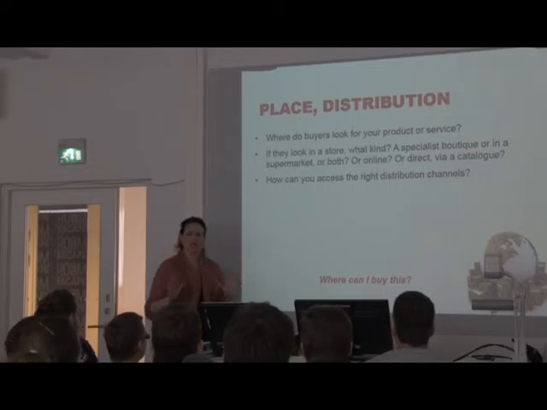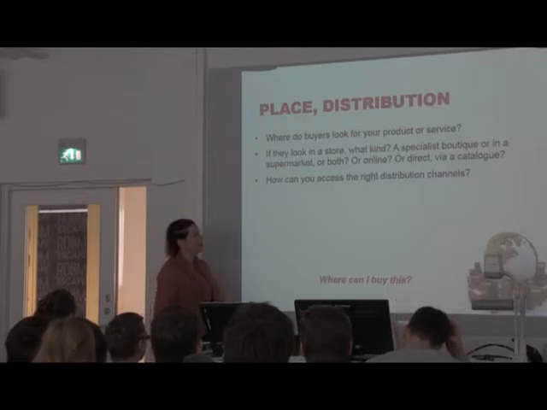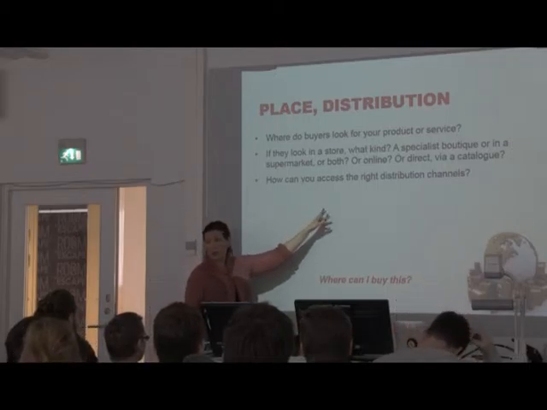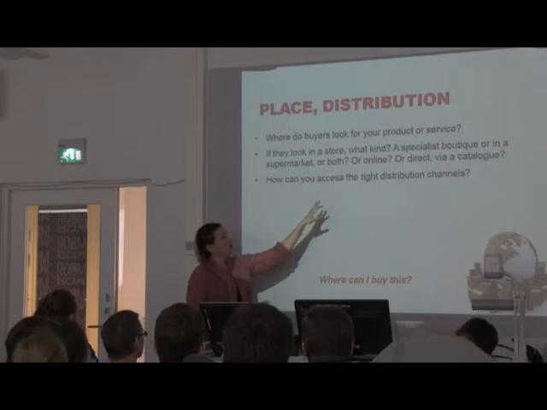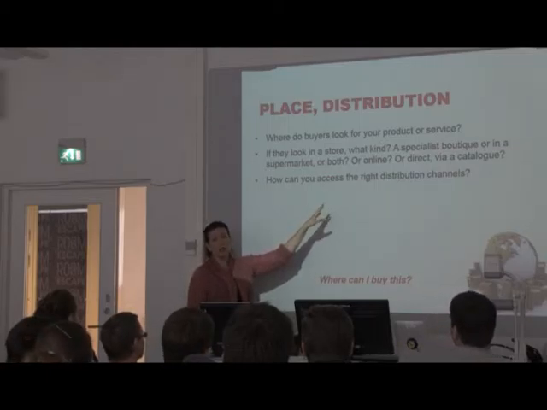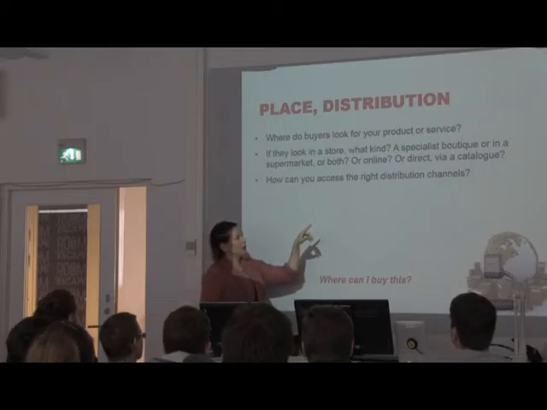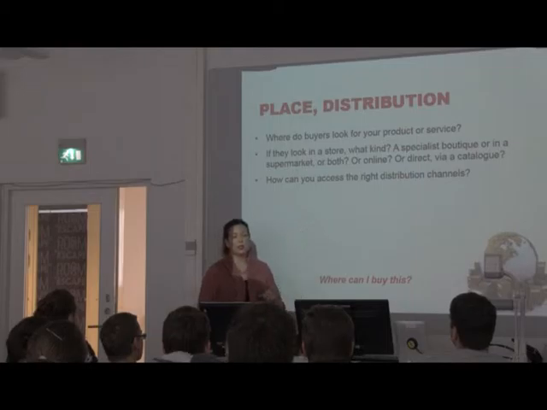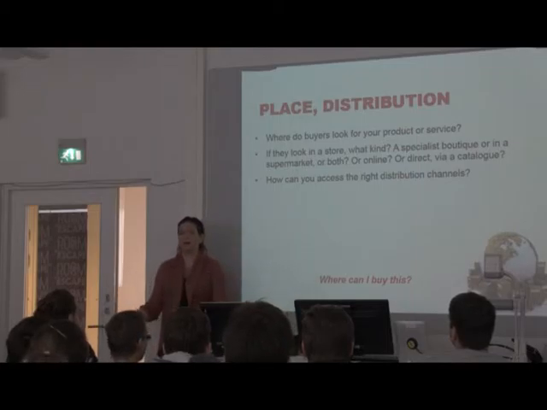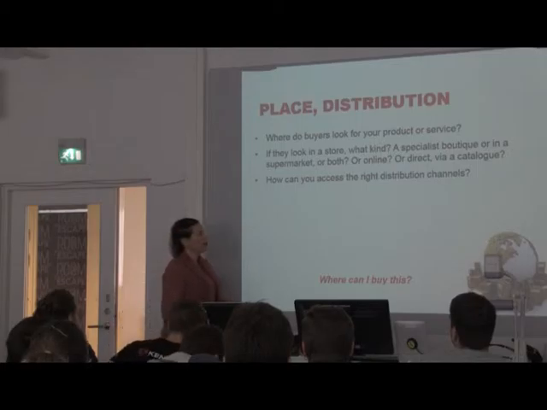Supermarket, I don't know, maybe in Finland, but I don't know about the rest of the countries. Online, probably, a very good idea. Direct via catalog. Direct is more or less personal selling. And direct is more for the businesses. If you're planning to sell to the businesses, then you need to think about the sales. But I will show you later.